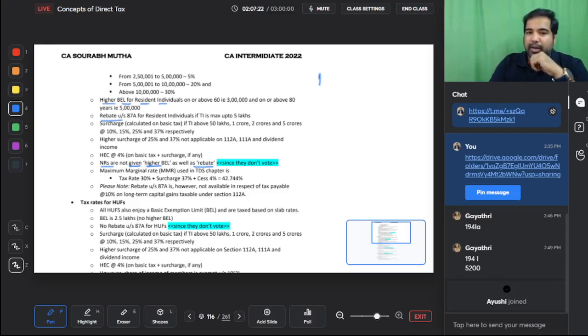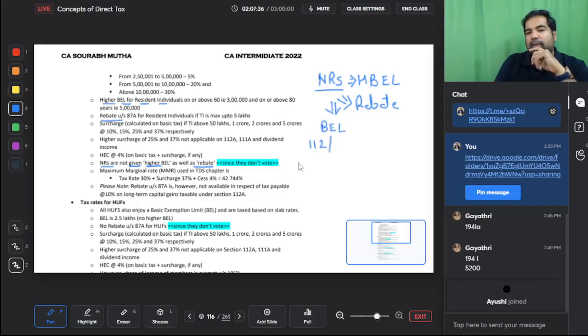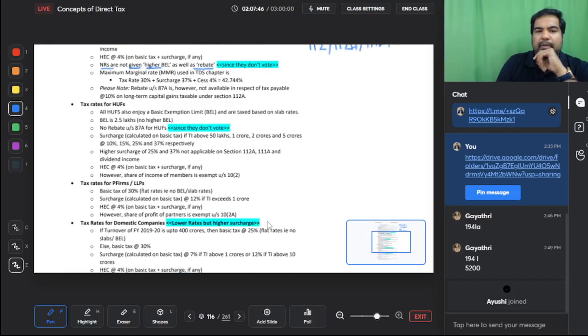By the way, guys, non-residents don't get a lot of things. They don't get higher basic exemption limit because they don't vote. They don't get rebate under section 87A. They can't even adjust basic exemption limit under section 112, 112A and 111A. This rebate benefit is not available under 112A income anyways.